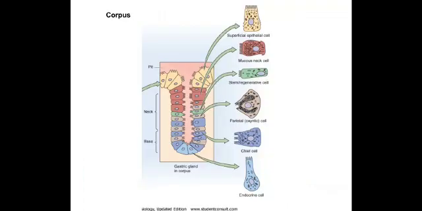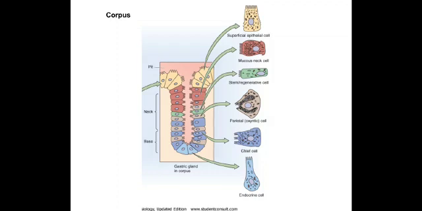So you will come across in the body of the stomach different cells: surface epithelial cells, the mucous neck cells, the regenerative cells, the parietal cells which secrete HCl, and the chief cells which secrete pepsin.